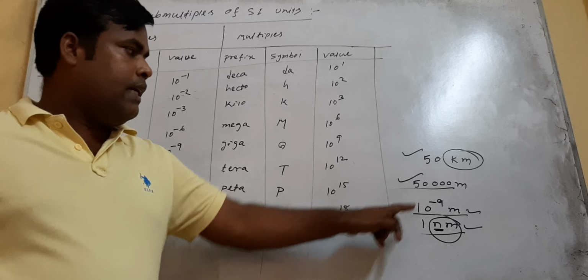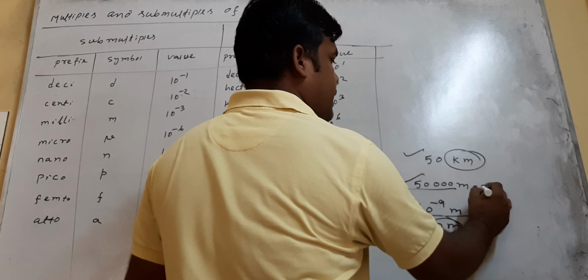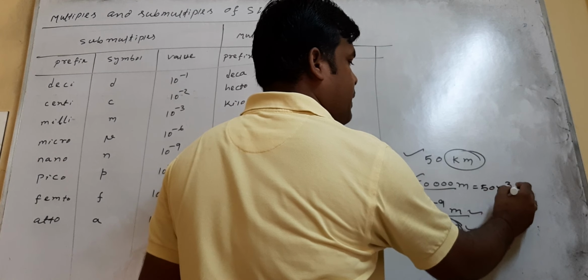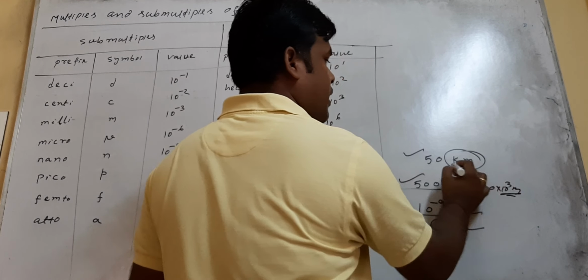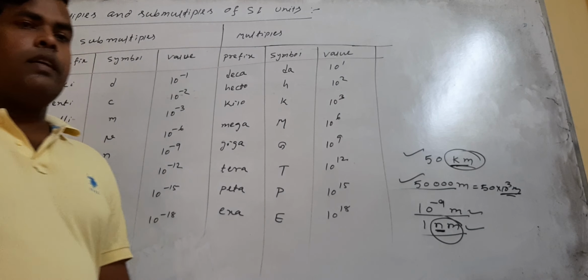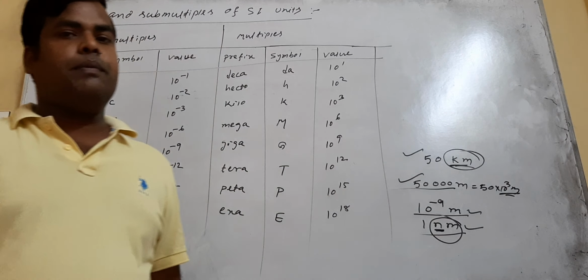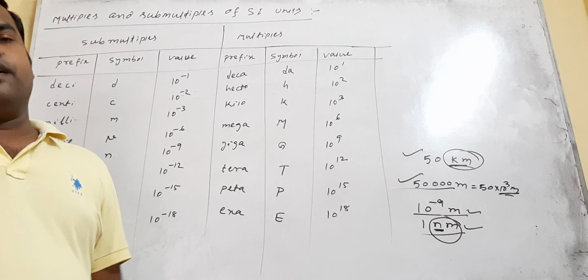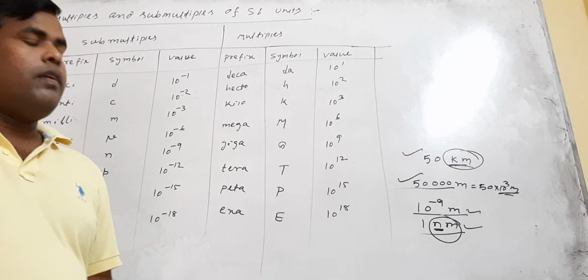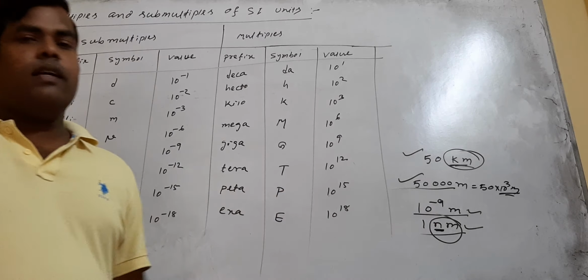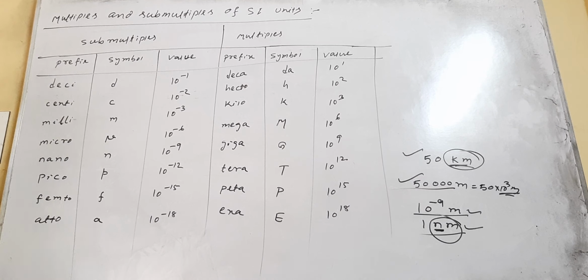When it is positive side, it is 50 into 10 to the power 3 meter per kilometer. That means positive power is multiple, and negative power is submultiple.